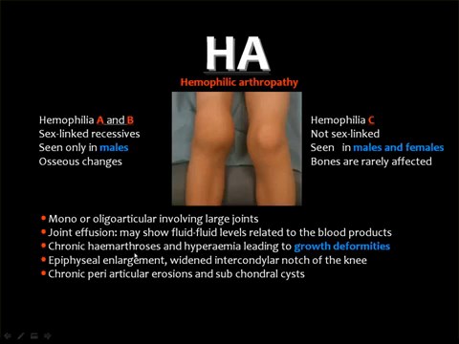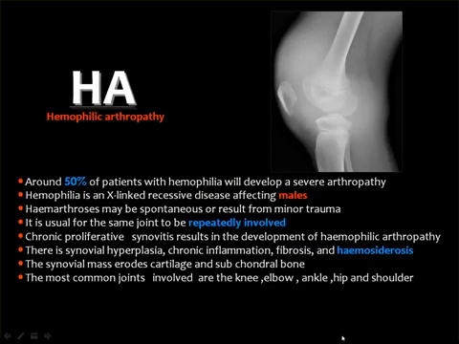Chronic hemarthrosis and hyperemia will lead to gross disturbances in the form of epiphyseal enlargement, widening of the intercondylar notch, and sometimes premature fusion of the epiphysis. Then there may be chronic periarticular erosions and subchondral cysts.